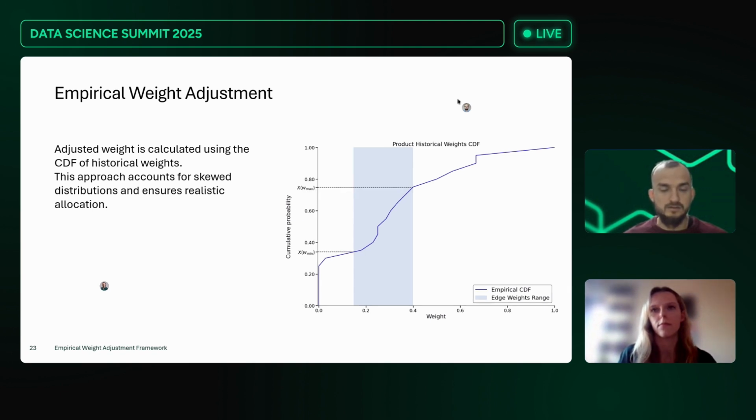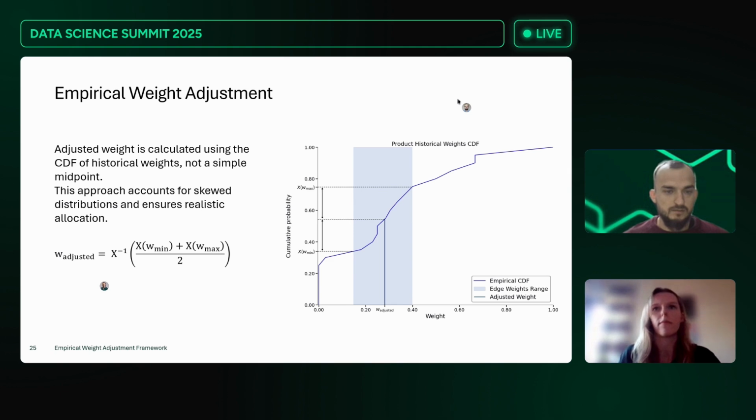And when we show them on the plot, we can calculate the associated cumulative probability of those edge weights. Then, when we take the mean value of these two probabilities, we get the associated probability. So when we convert it using the inverse CDF function, we can get the adjusted weight.